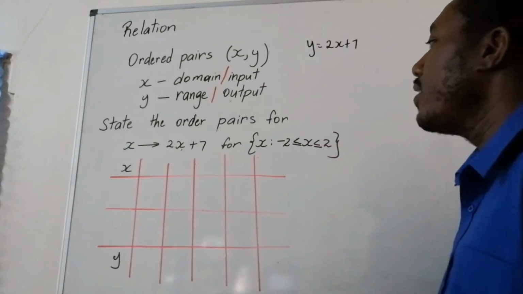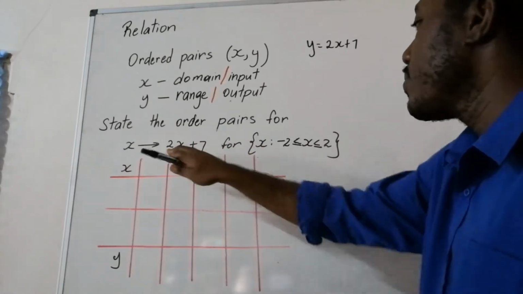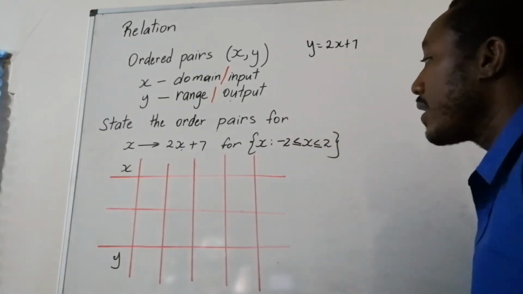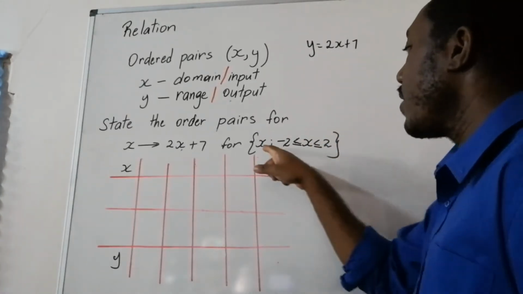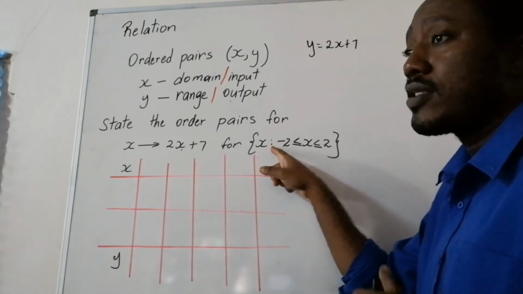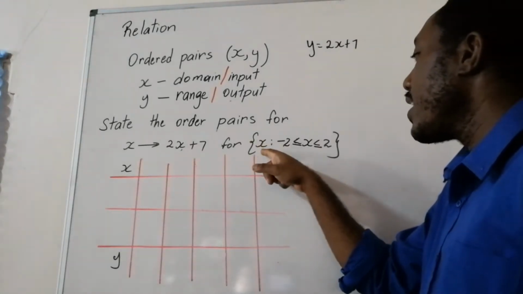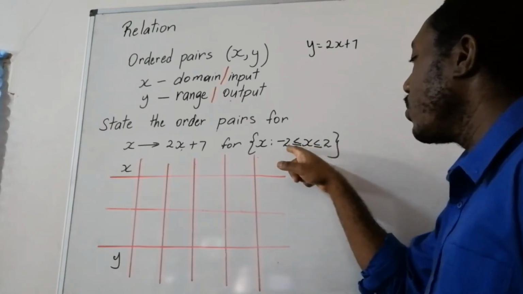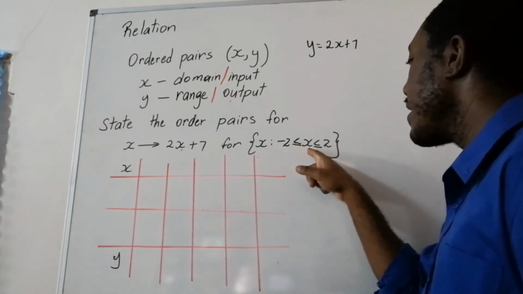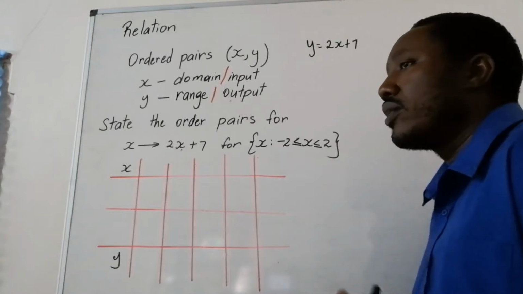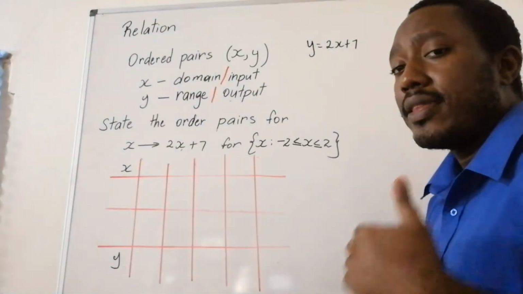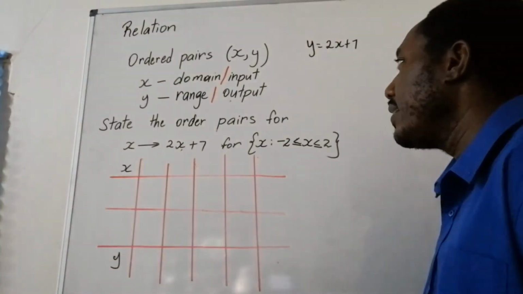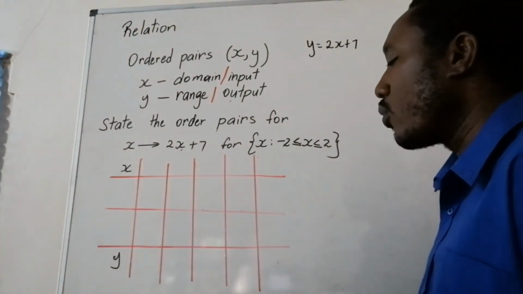Once you see the curly brackets, it means set of, and these two dots mean such that. So we're taking the range of values from -2 to +2, and we're finding the y values, our output values.